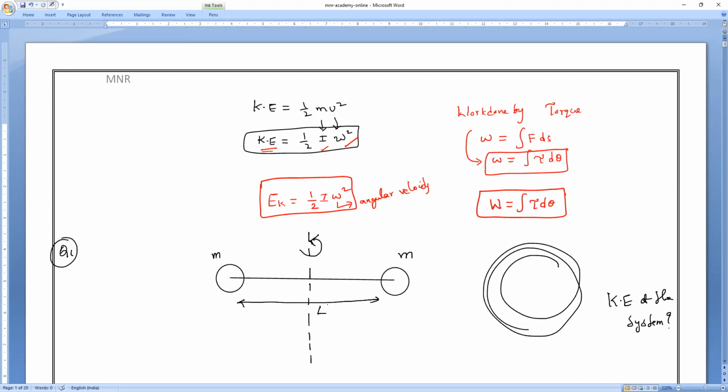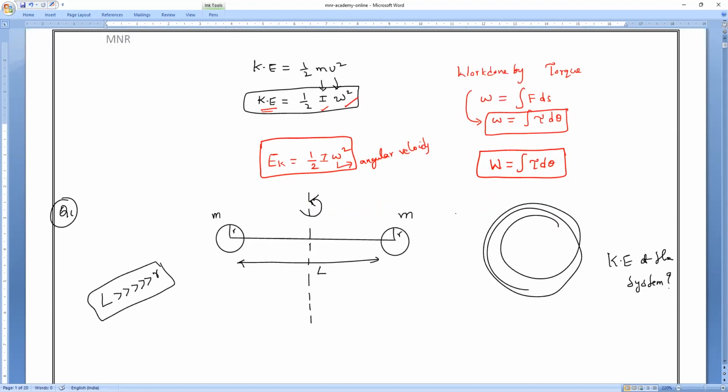Now imagine this L, and the wheels also have radius R, where the distance L between them is much greater than the radius. We have to calculate the kinetic energy of this entire system.